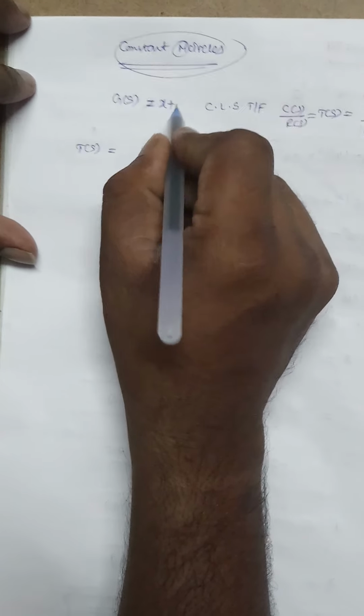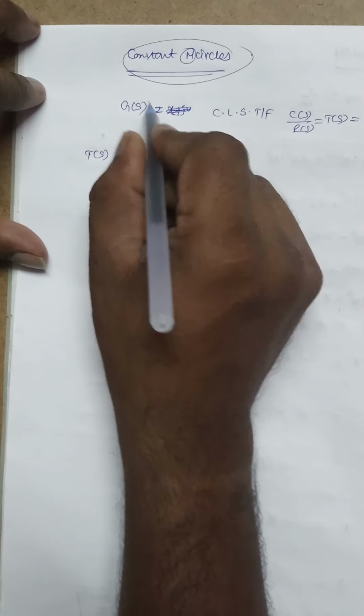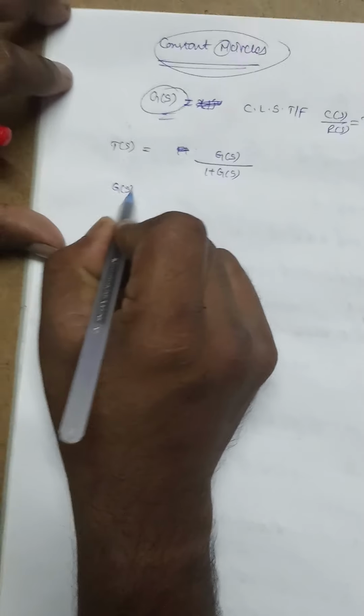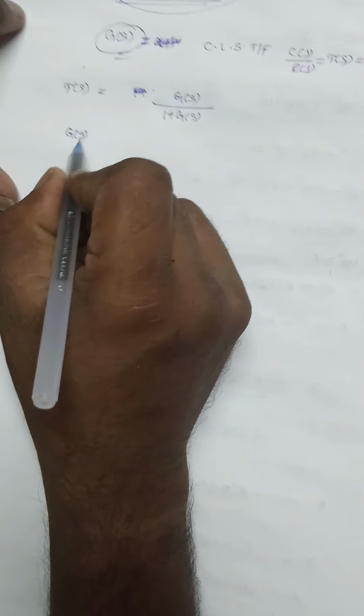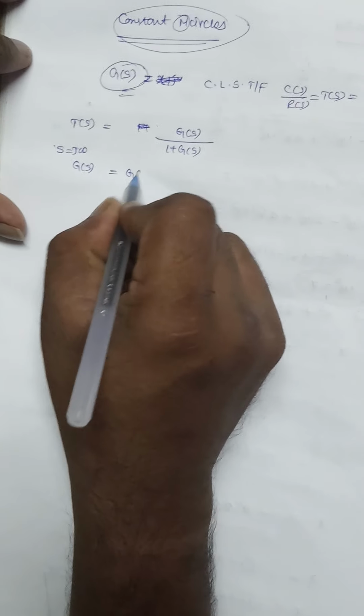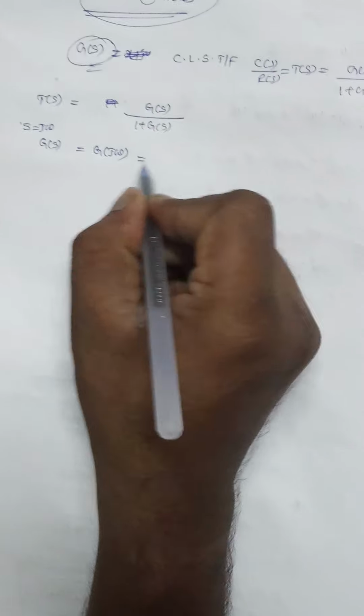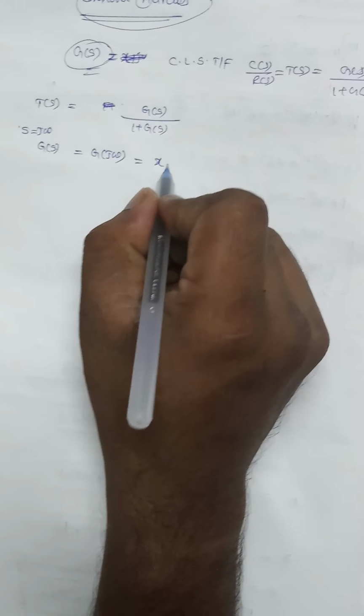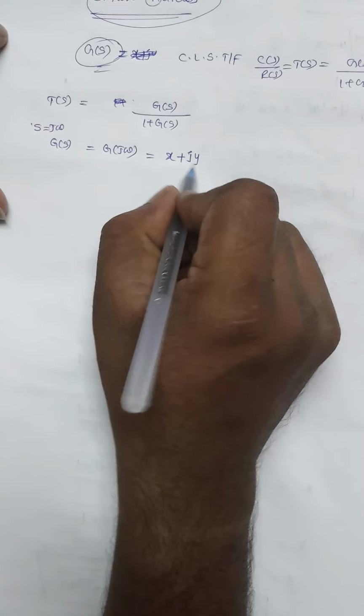Normally this G(s) is a complex function. This can be written as x plus jy. G(s) is the open loop system transfer function, and if we put s equal to j omega in this G(s), then I will get G(s) equal to G(j omega), and it is a complex notation. I can write it as x plus jy.